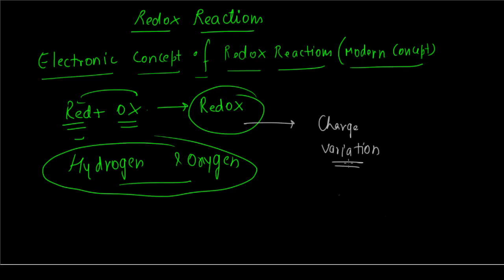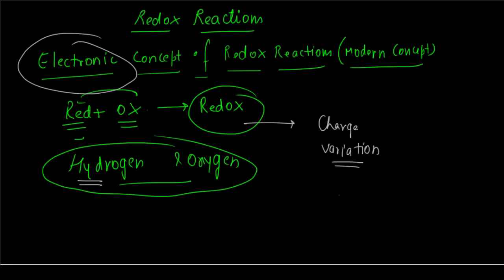It was observed that charge is also different on both sides, and that can't really be balanced by simply putting stoichiometric coefficients, right? So it was seen that this definition was not completely encompassing everything required for a redox reaction to be studied, including balancing, because the charges on both sides in many reactions were not the same. Hence, chemists came up with the idea of the electronic concept of redox reactions based on electrons, right?